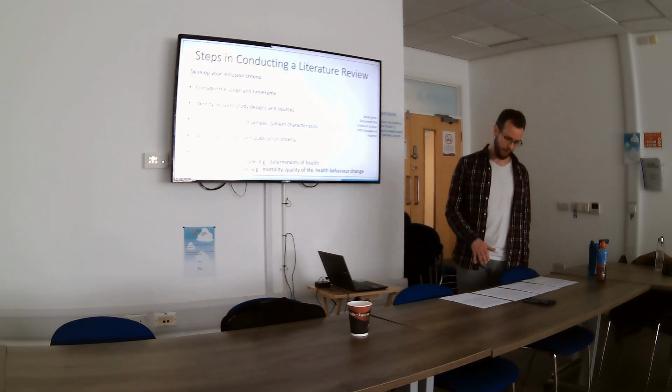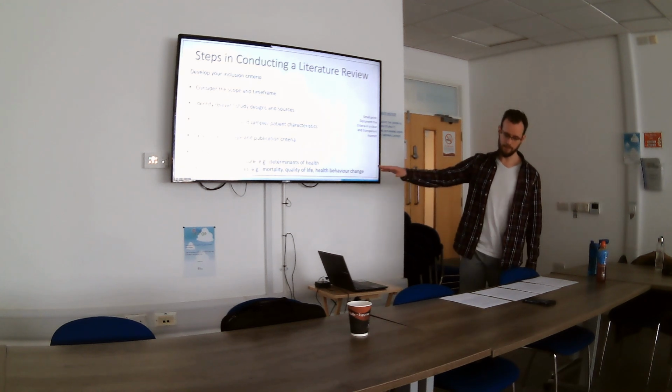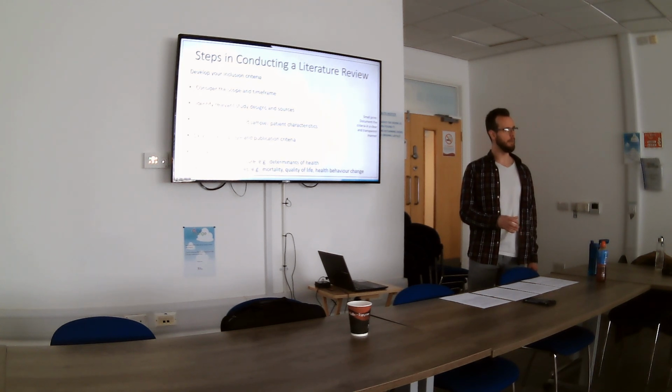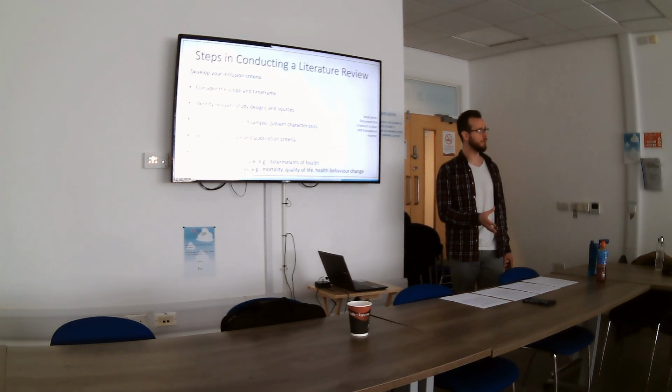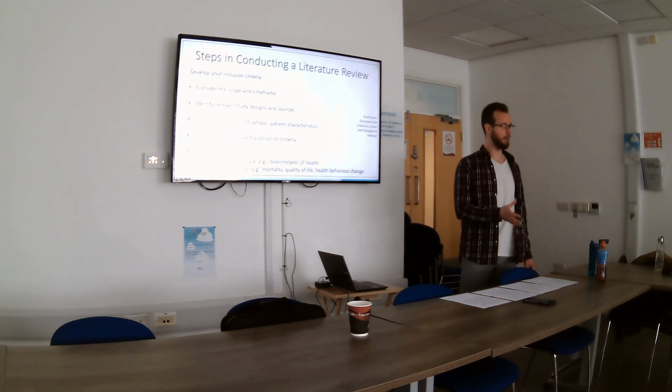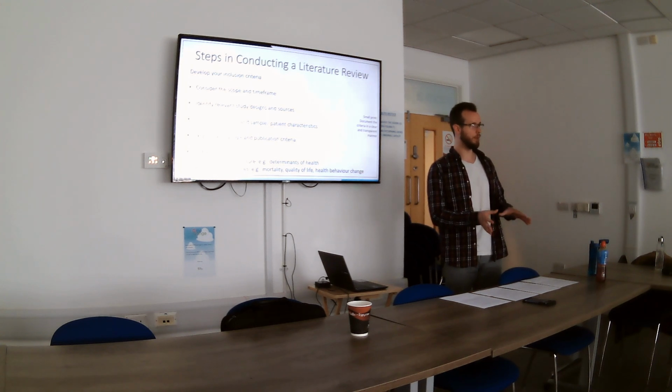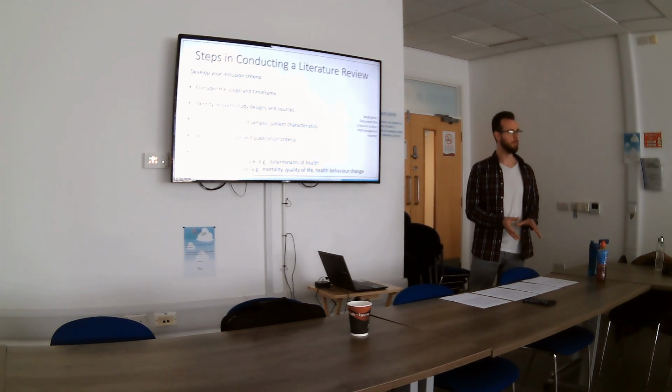Also, I wanted to mention that when you identify your publication criteria, you will have to consider whether it is ideal for you to look for unpublished literature or grey literature, which means that you are looking at magazines or blogs or expert reviews that are available online, but they are not peer-reviewed and they are not potentially published by your journal.